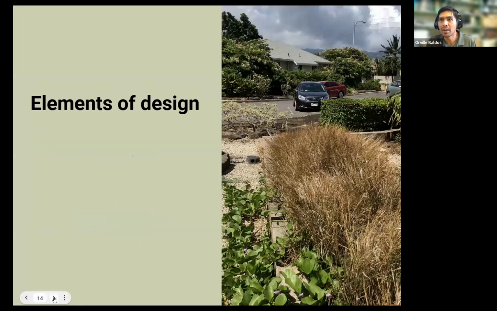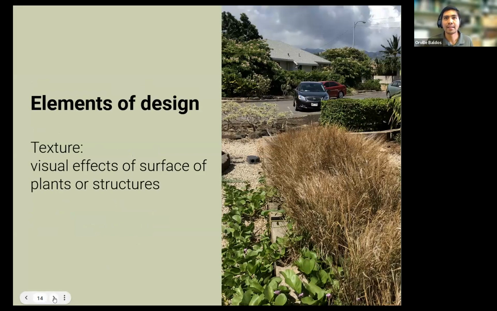Okay, another element of design is what we call texture. Texture is the visual effect of the surface of plants or structures. In terms of plants, we're looking at the leaf size and structure. Generally, we could divide plants into having a large leaf or rough texture, or something that's more like a fine textured plant.